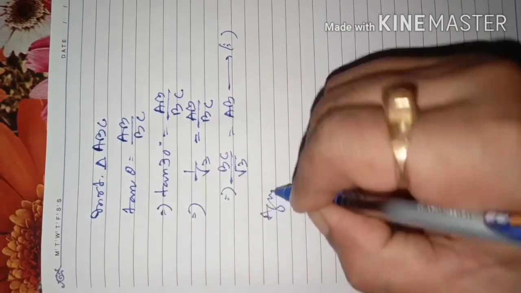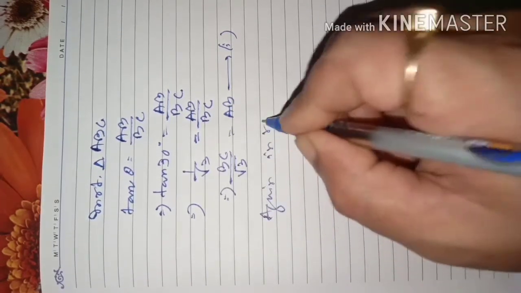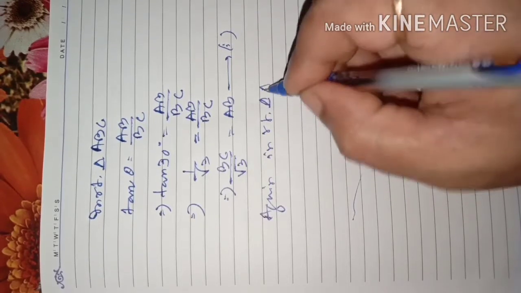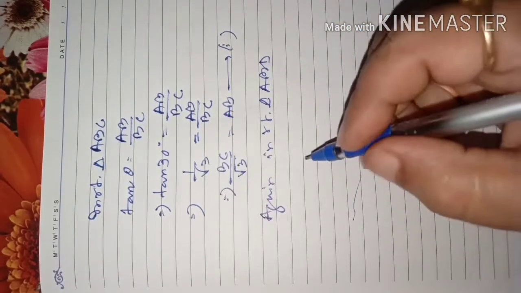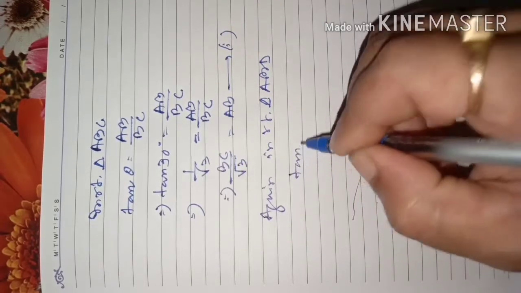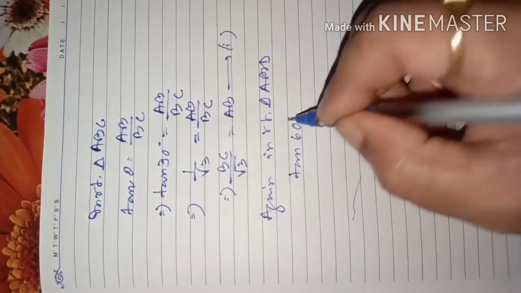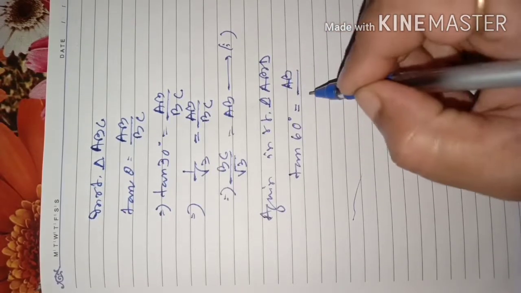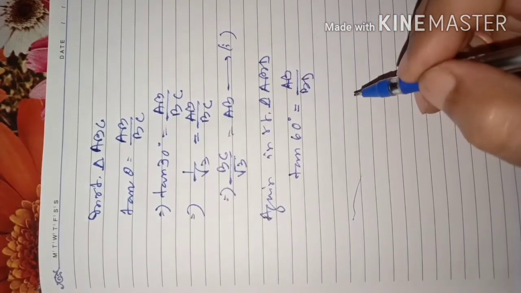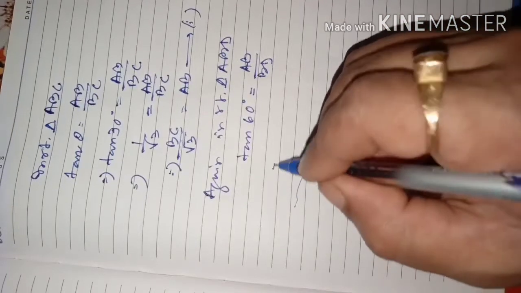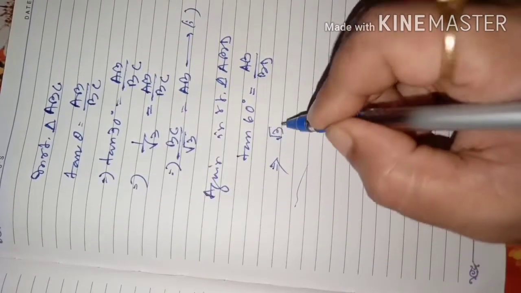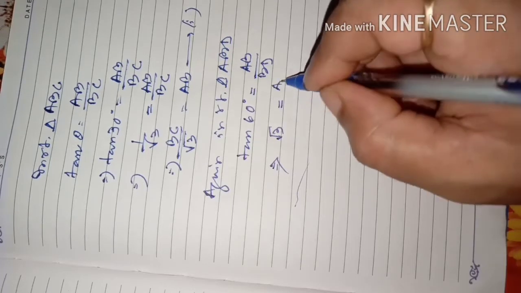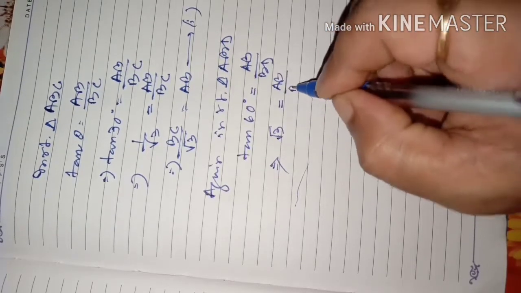Again in right triangle, another right triangle is there now, ABD. In right triangle ABD, the angle is 60 degree, tan 60 degree equal to perpendicular AB by base BD. So tan 60 degree is equal to root 3 is equal to AB by BD.